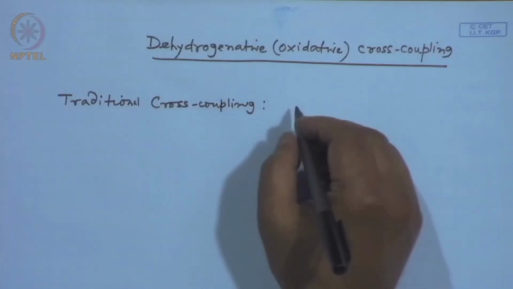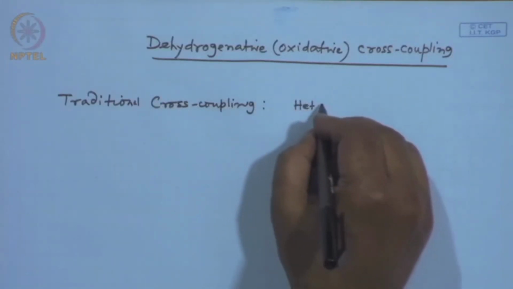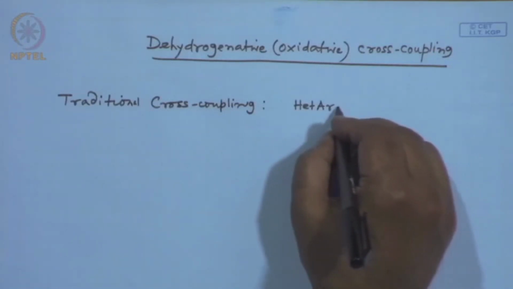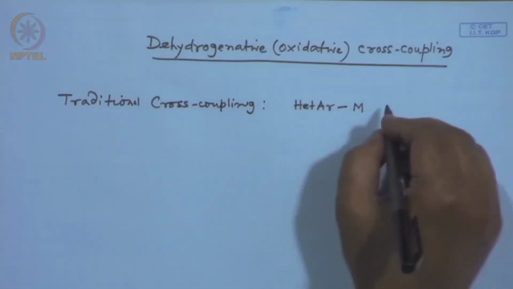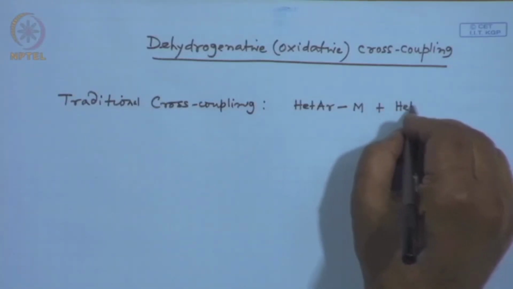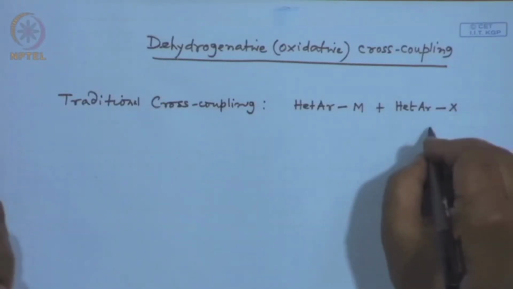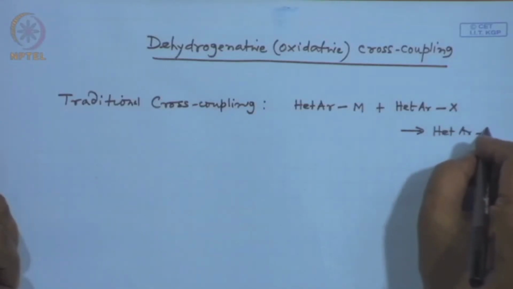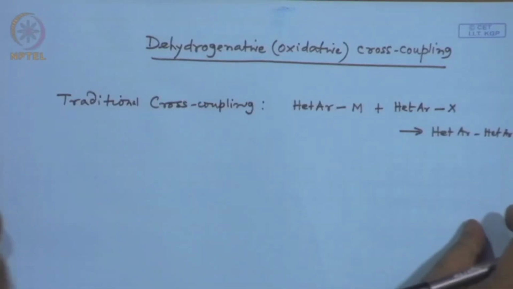Since it's heterocyclic chemistry, I will say HetAr means heteroaryl, and then a metal or metalloid, and then you take one more heteroaryl, and then X. The product is a heteroaryl-heteroaryl combination, so it's a biaryl product.